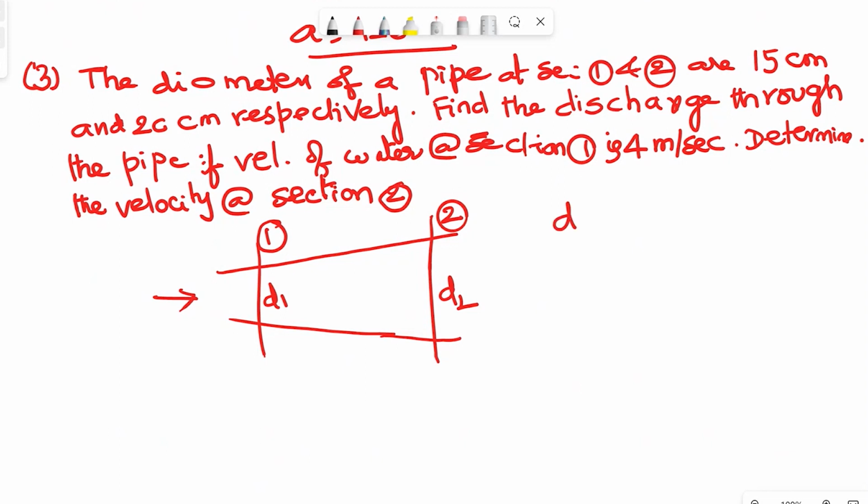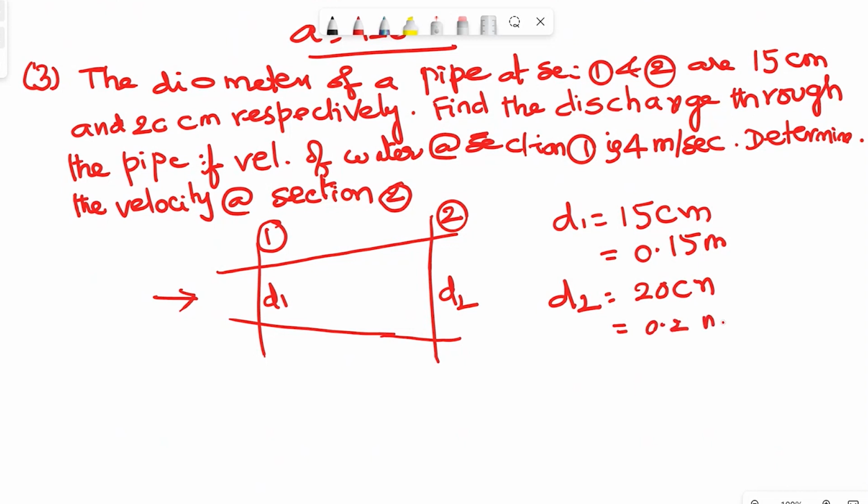So D1 is equal to 15 centimeters, they have given, so it is equal to 0.15 meters. D2 is equal to 20 centimeters, 0.2 meters.